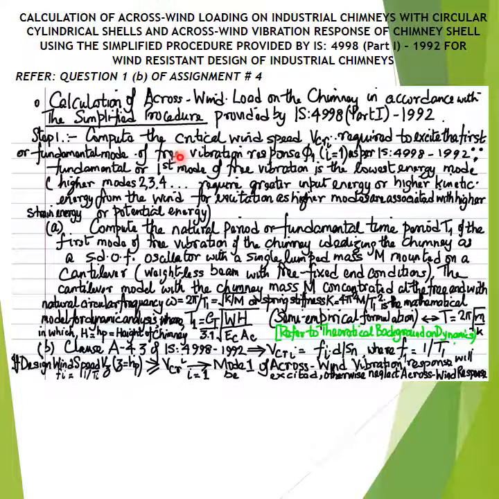And the definition of critical wind speed is the wind speed that is required to excite the first or the fundamental mode of free vibration response represented by the mode shape phi 1 for I equal to 1, where I is the mode number of the free vibration response of the industrial chimney.